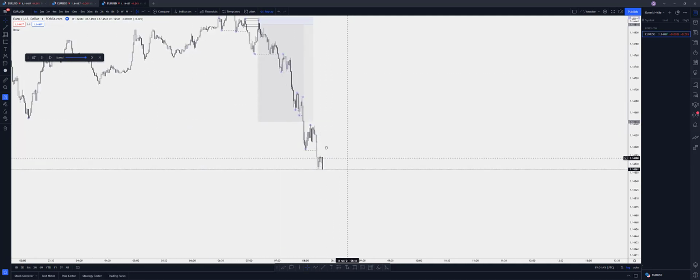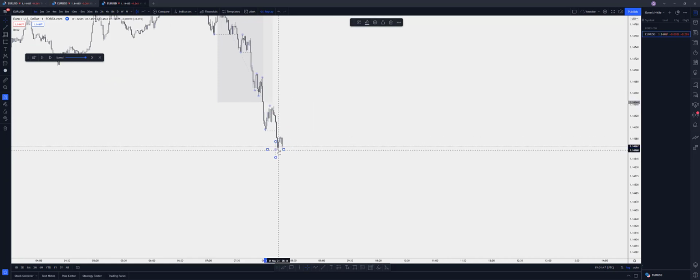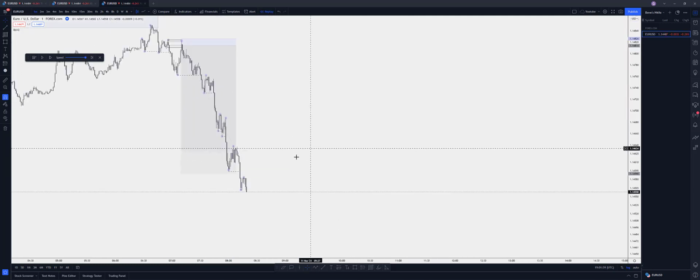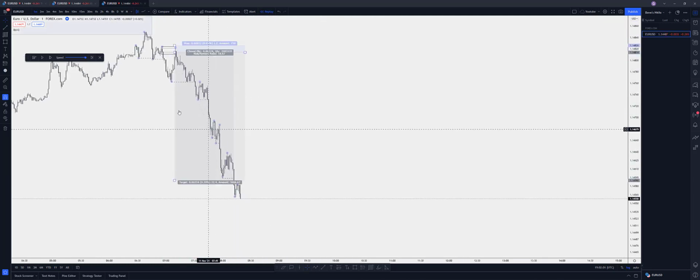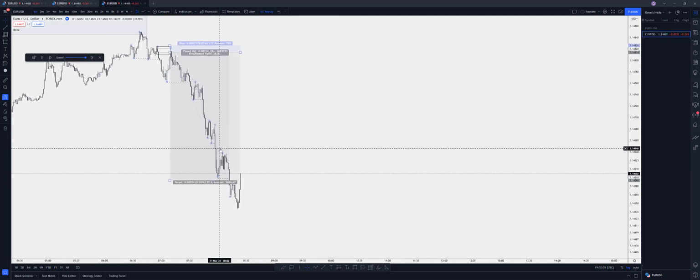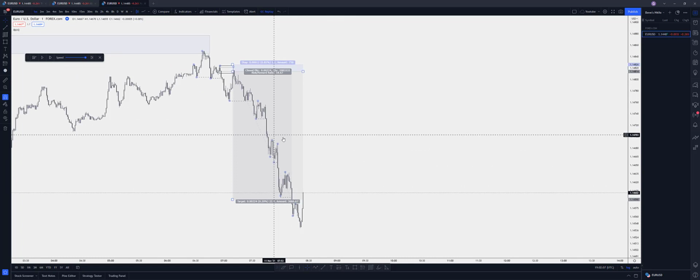Cemented another low there. Let's see, does it break again? Breaks below. So we can now lock in there. And that's where we get taken out, 18.6R.